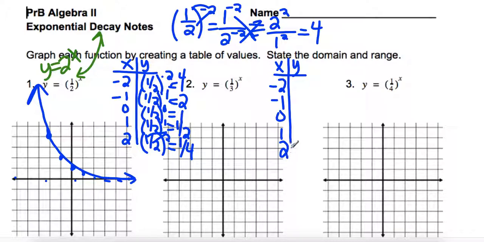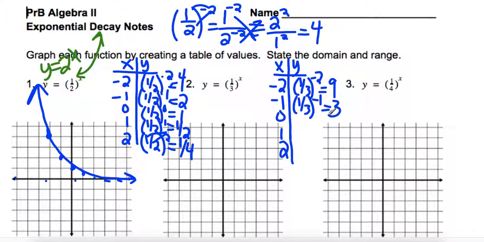Okay. When we plug in -2, when we take 1/3 to the -2 power, remember that -2 happens to both those things. We flip them across the fraction bar, so this is going to turn out to be 9. When we take 1/3 to the -1, that -1 happens to both of them. We flip them across the fraction bar to get rid of the negative exponents.